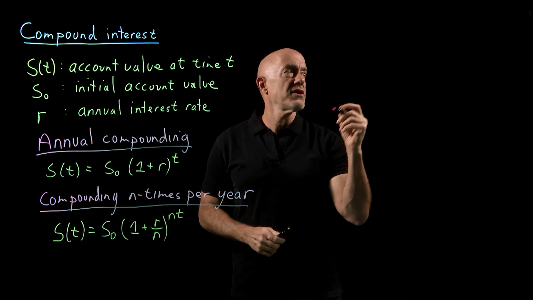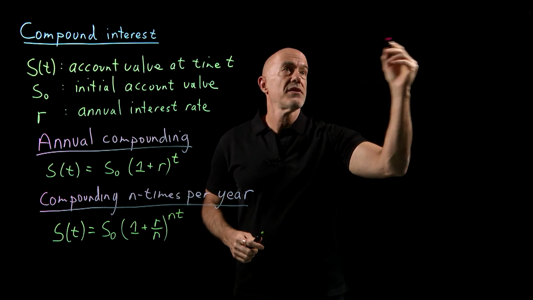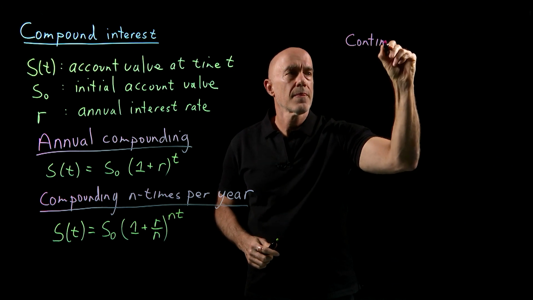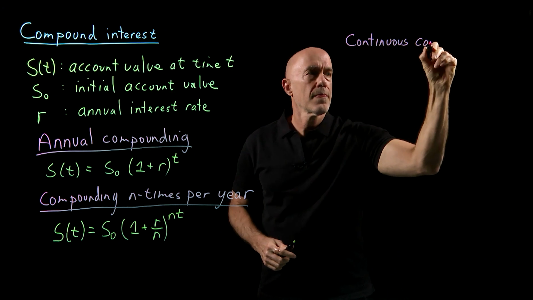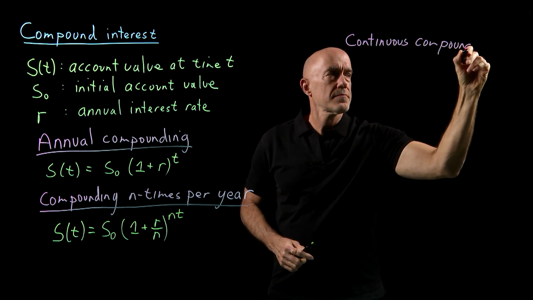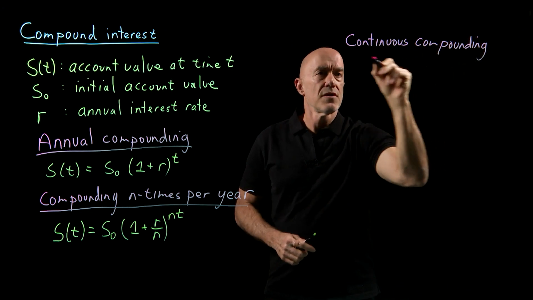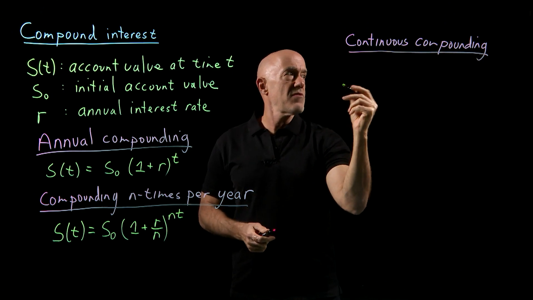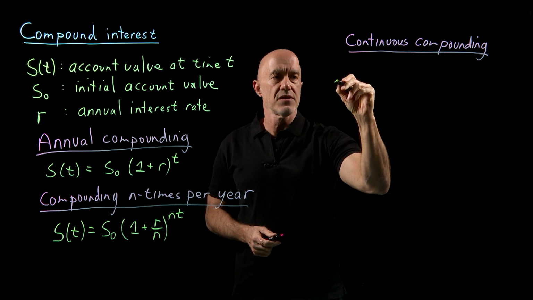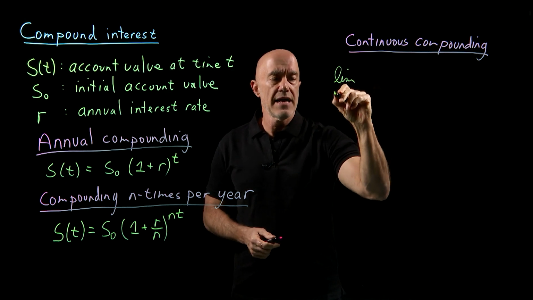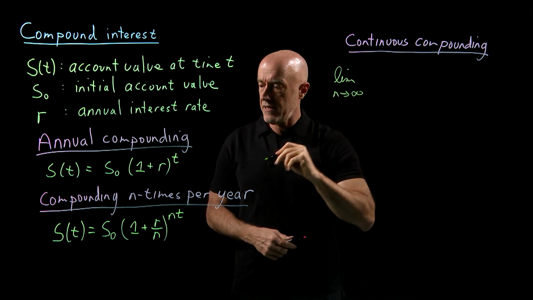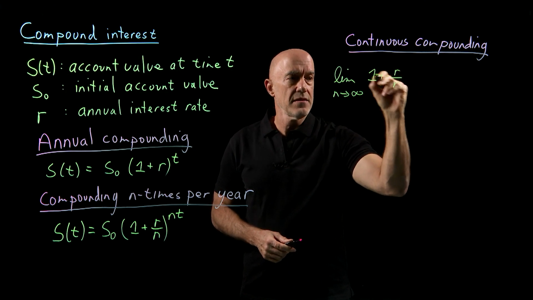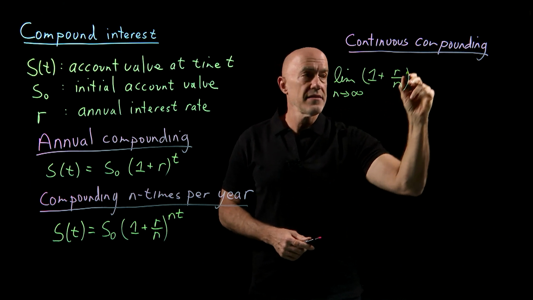Then from here, we can go to the limit. We can consider continuous compounding. That corresponds to the limit where n goes to infinity. And then we have this nice result from calculus that the limit as n goes to infinity of 1 plus R over n to the nt power.